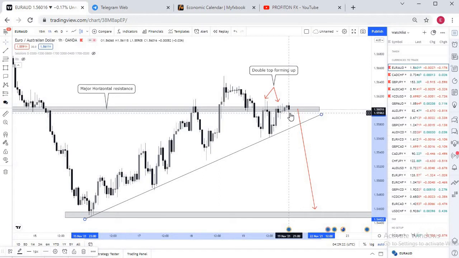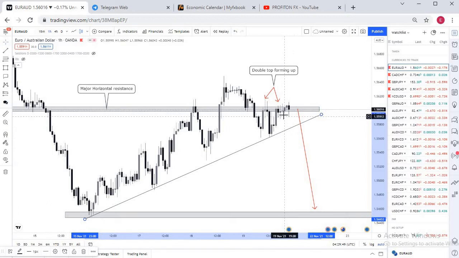However, I was not able to take this short position here because, of course, it formed just a few hours before market close, and you know how spreads sometimes widen, or we may see market gaps when market opens on Sunday or Monday. So I decided to wait it out.